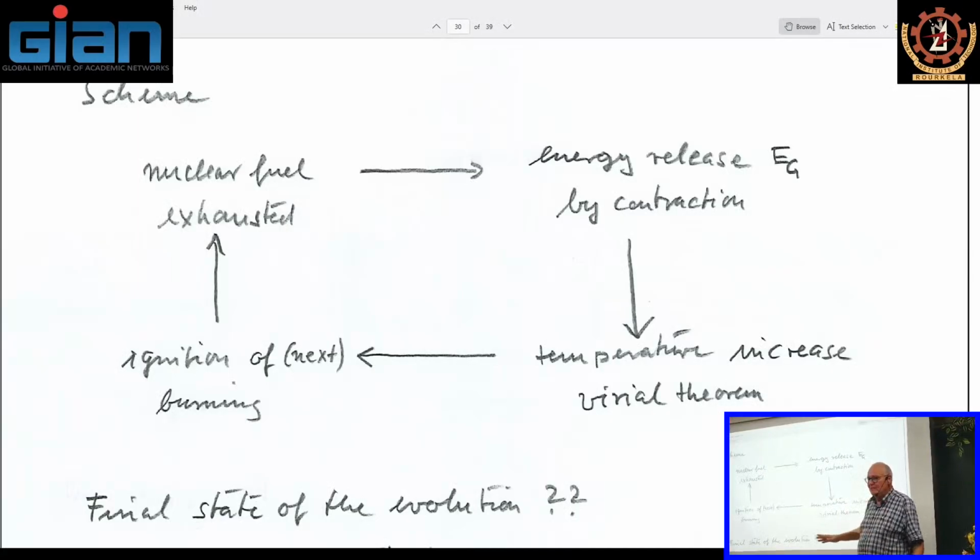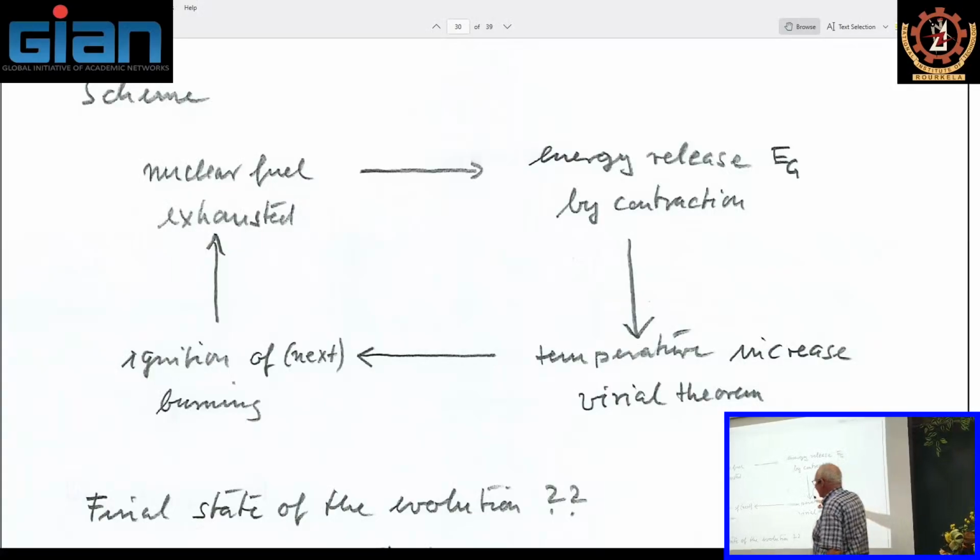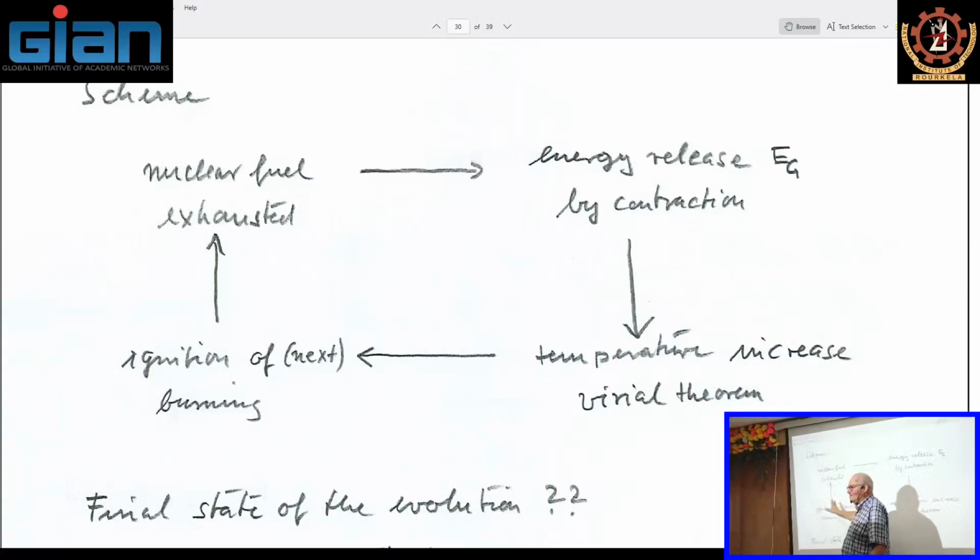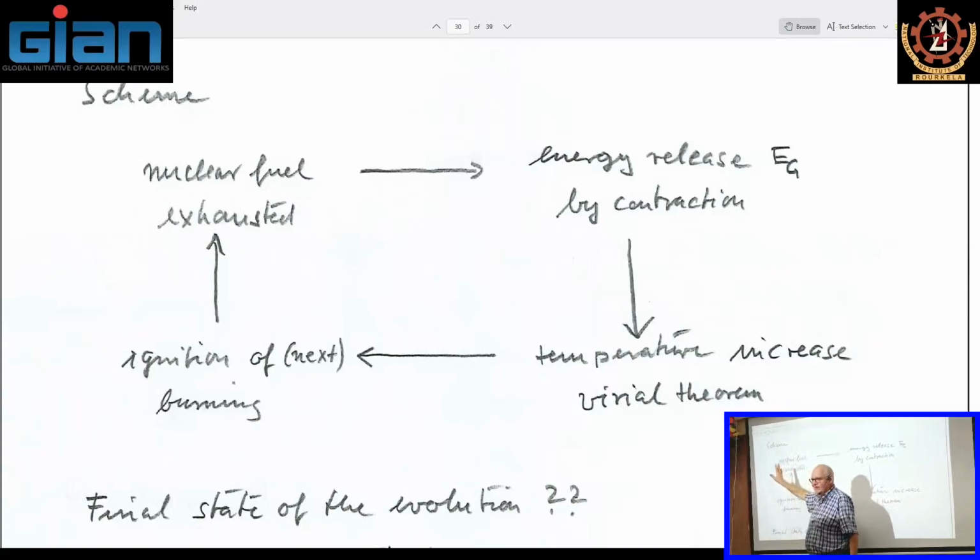The temperature increase might lead to a temperature sufficient to ignite the next burning stage. We have seen the burning stages require successively higher temperatures. If we go from hydrogen burning to silicon burning, the temperature increases because the Coulomb barrier of the reactions becomes higher and higher. So we ignite the next burning, and once that is exhausted, the cycle goes on.